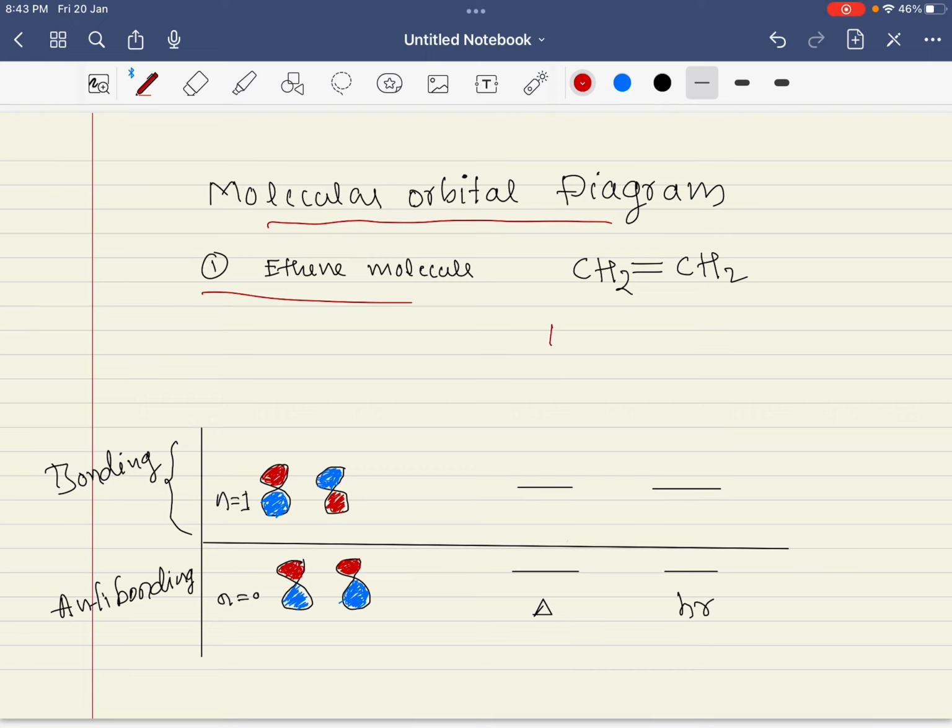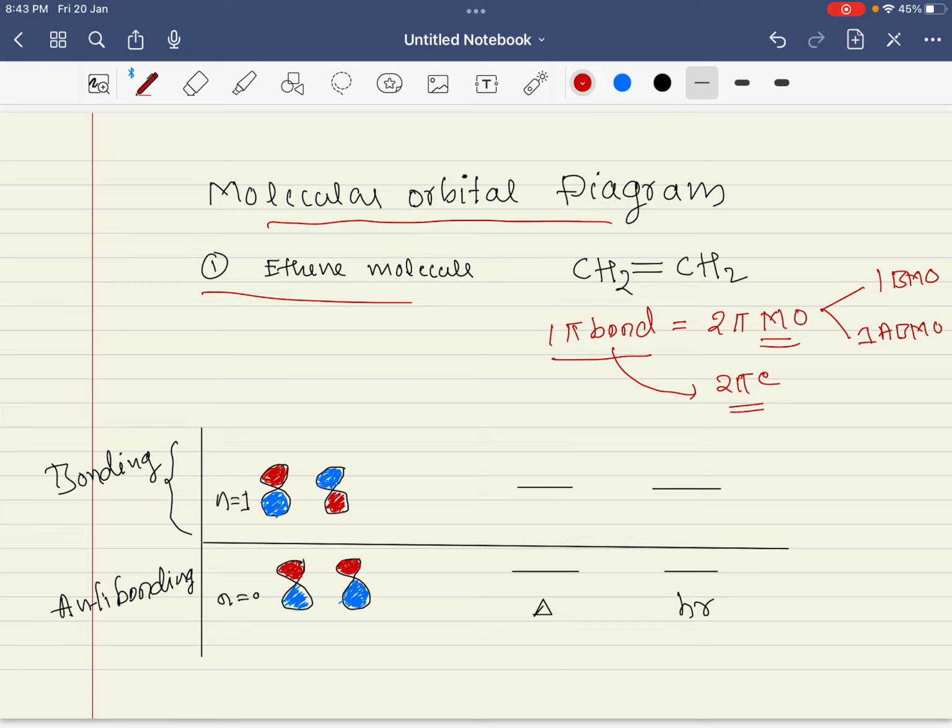There is 1 pi bond here. 1 pi bond means 2 pi molecular orbitals will be there. Among these 2 pi molecular orbitals, one will be a bonding molecular orbital and another one is an anti-bonding molecular orbital. You may also know that 1 pi bond means 2 pi electrons.